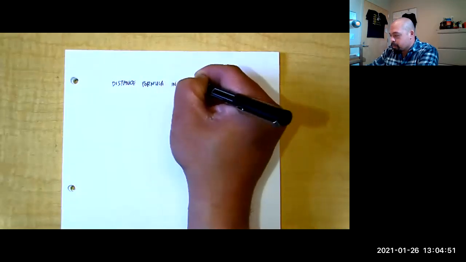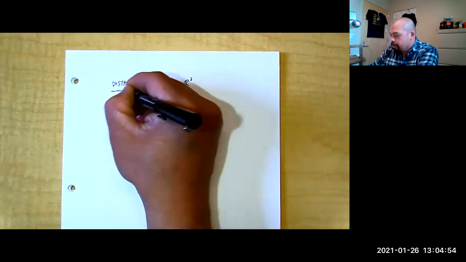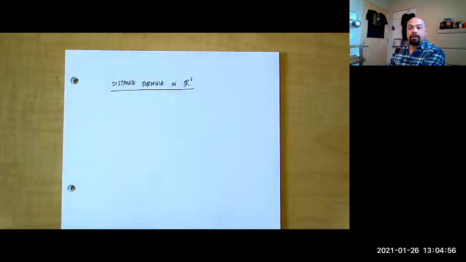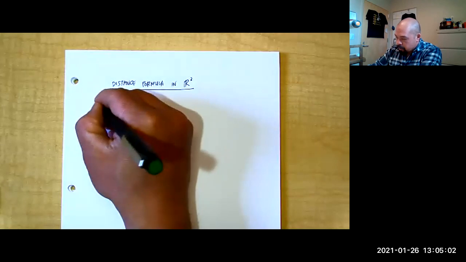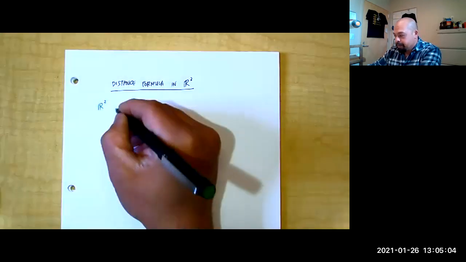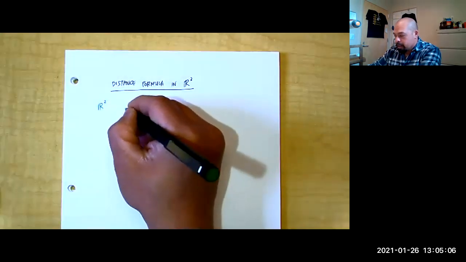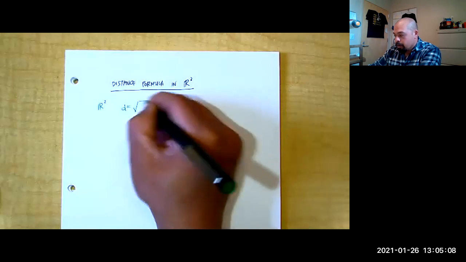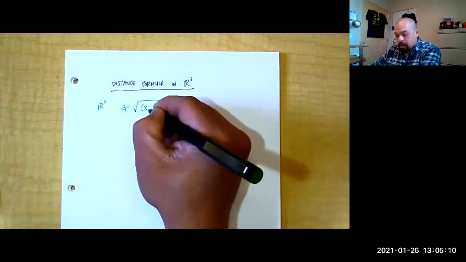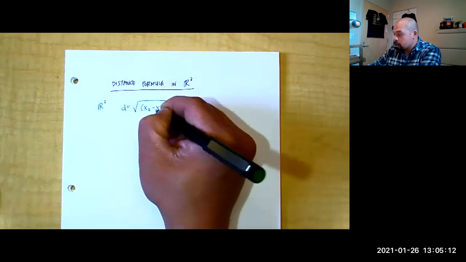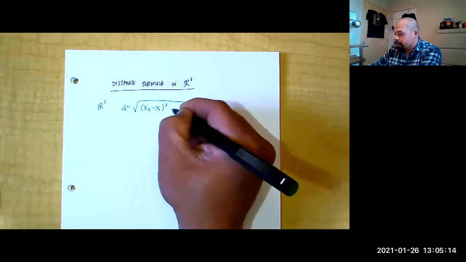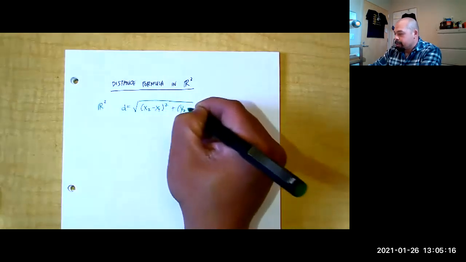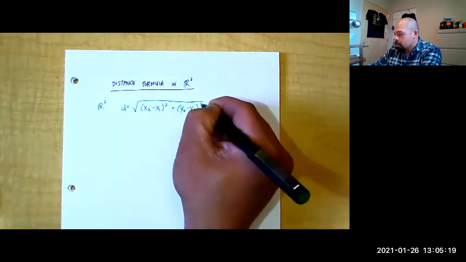Okay. Our distance formula in R3. In R2, right, is fairly quick to remember. Our distance, the square root, x2 minus x1 squared, make sure you get my ordering right, plus y2 minus y1 squared, right?